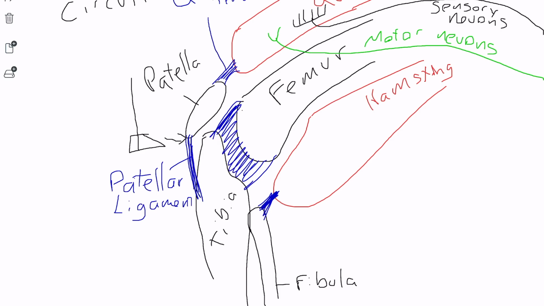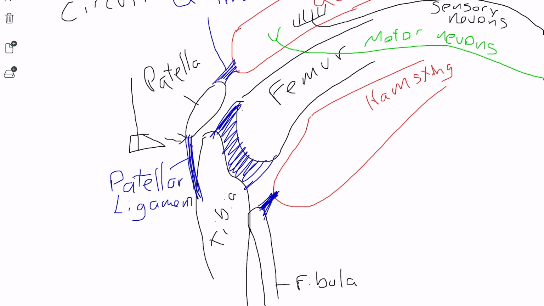Now, what happens when the doctor, or you can do this yourself as you're listening, cross your legs as you're sitting, and you can just take the edge of your hand and kind of smack right below your kneecap. It's a little bit better if you maybe have someone else do it, since you can anticipate it coming. But you should get a little bit of a kick reflex.